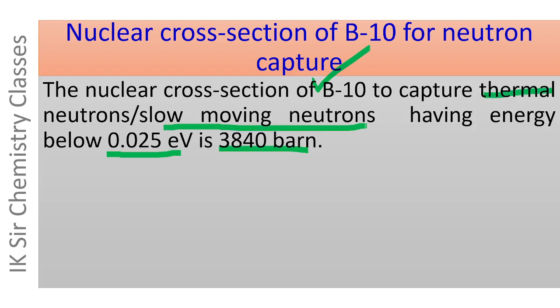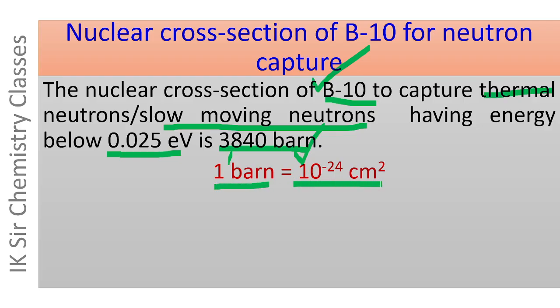For thermal or slow moving neutrons, the nuclear cross section of the B10 isotope of boron is 3840 barn. Now the question arises, what is barn? Barn is the unit of area, and it is equal to 10 to the power minus 24 centimeter square. And this barn is abbreviated as a small b.